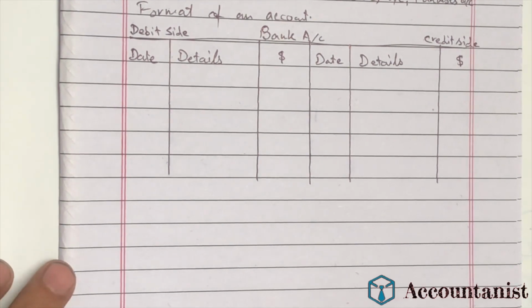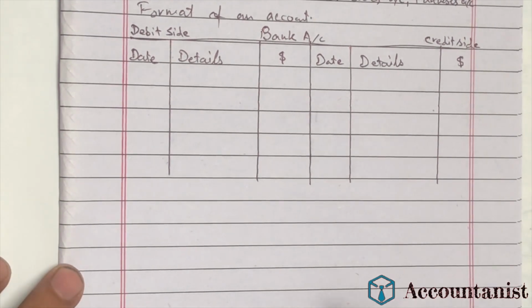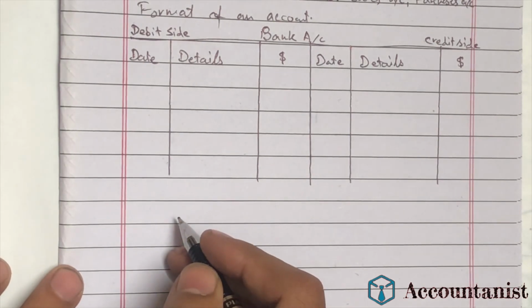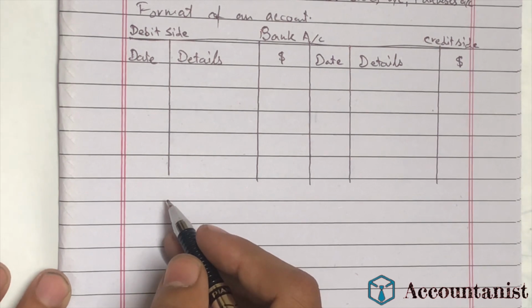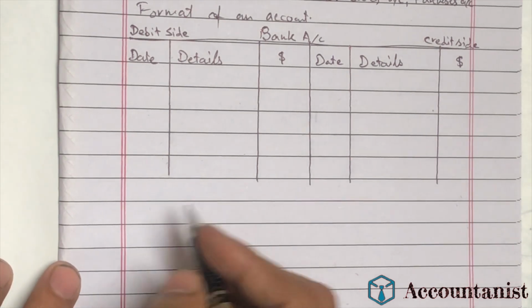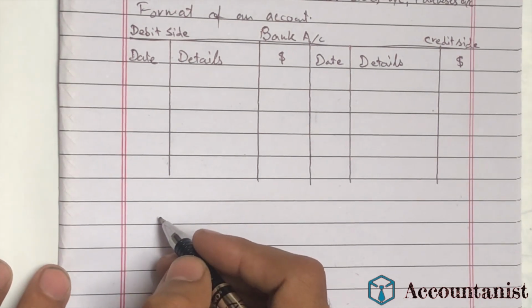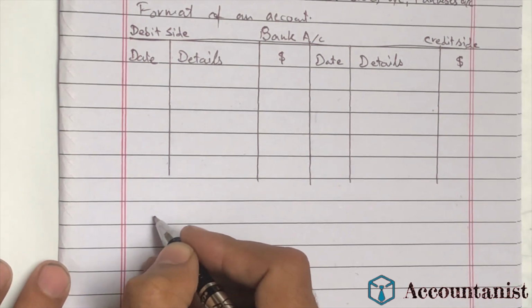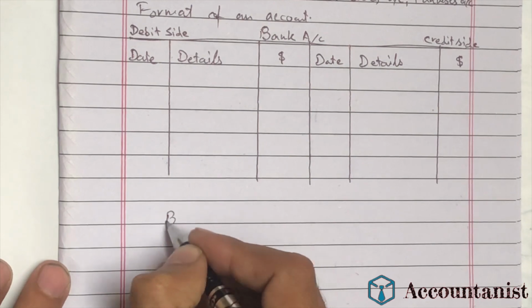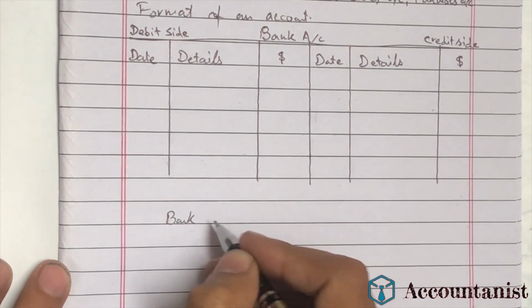Now let's have a look at how we are going to record our transaction into this T account. Let me write down a transaction here and then I will tell you how we are going to post this into this bank account. The first transaction that every business has is a capital transaction. Let me record that with the bank debit, because the amount is invested in the business bank account.